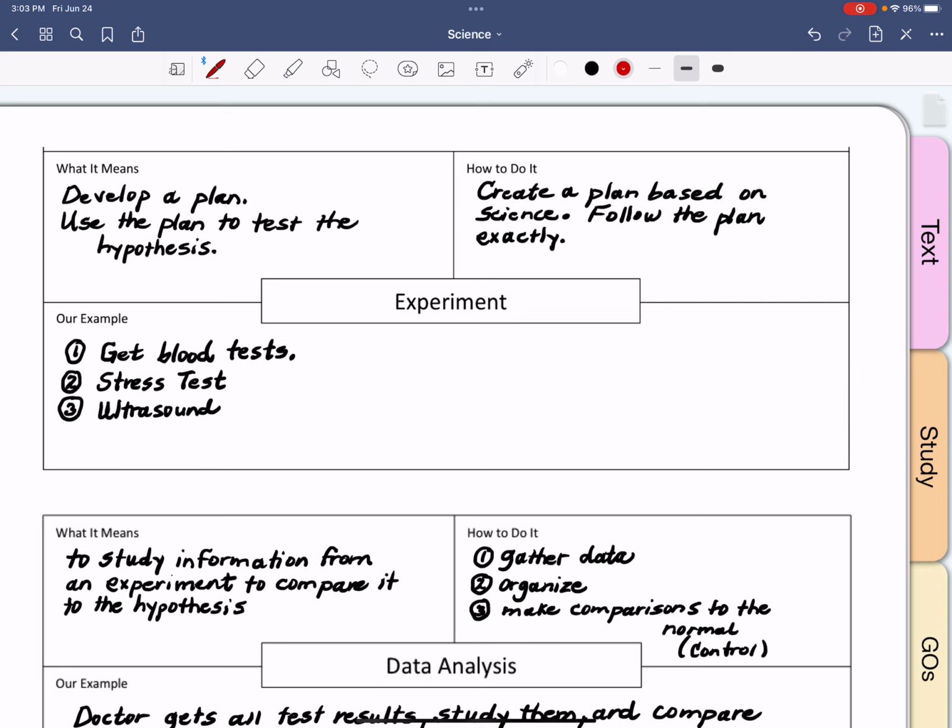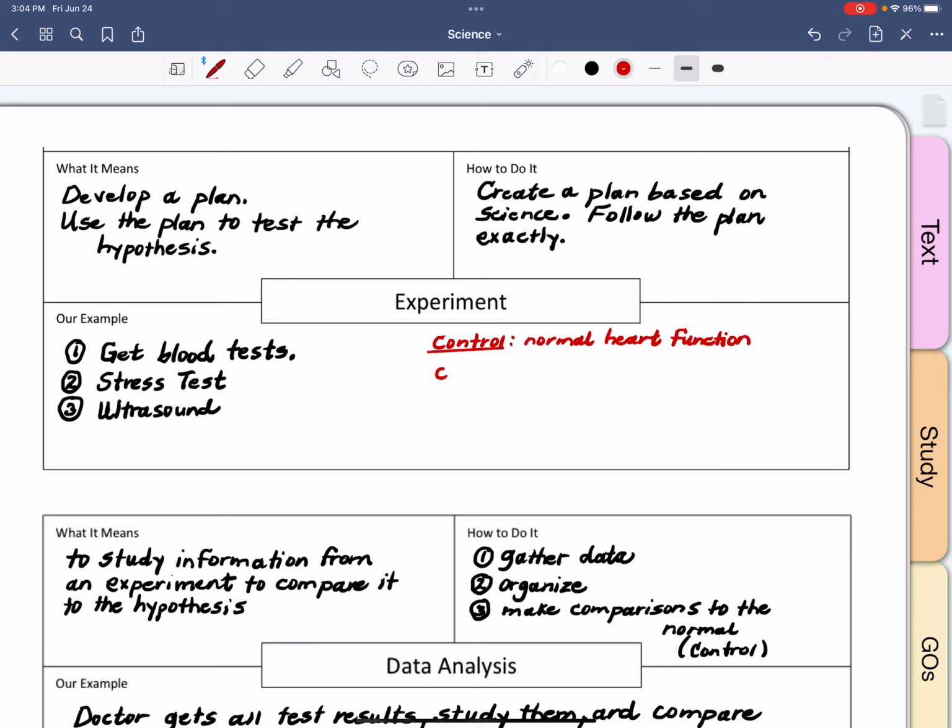The control in Sam's situation is a normal heart function. So that's what we're comparing it to. In Sam's situation, we would be comparing it to a normal heart function. Okay.